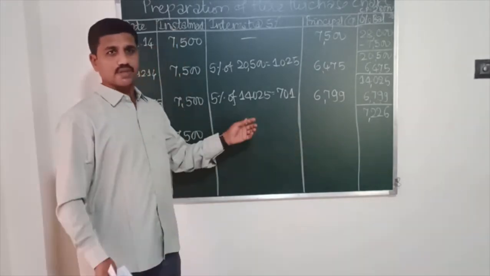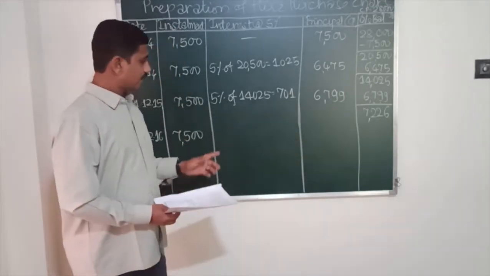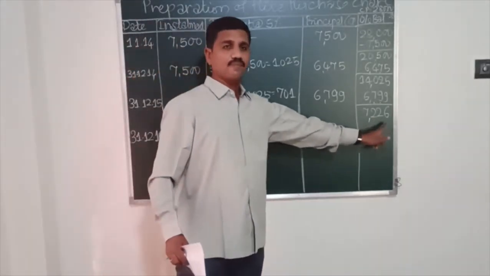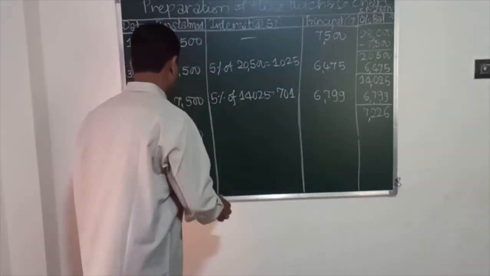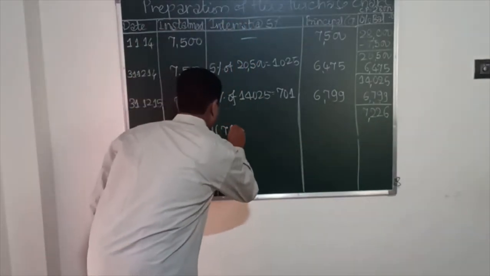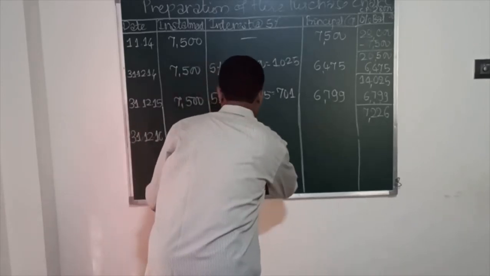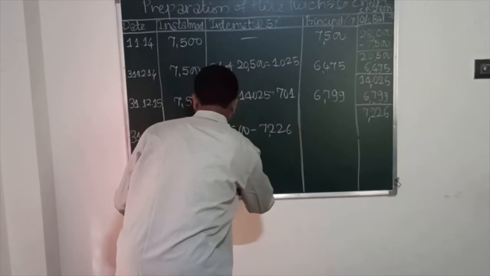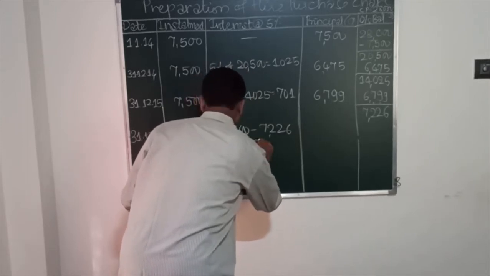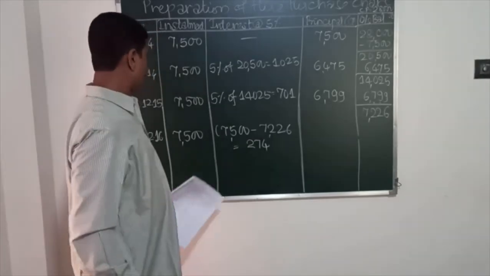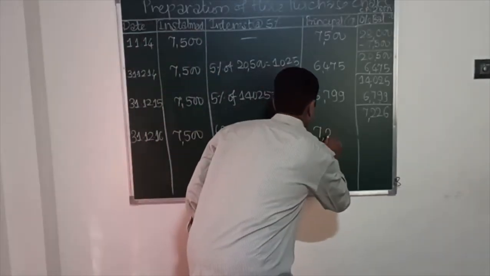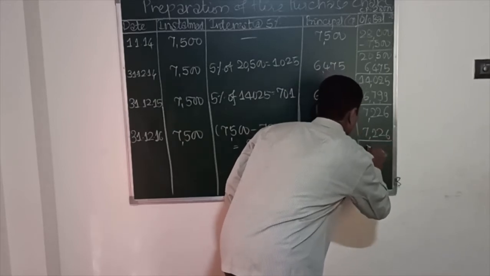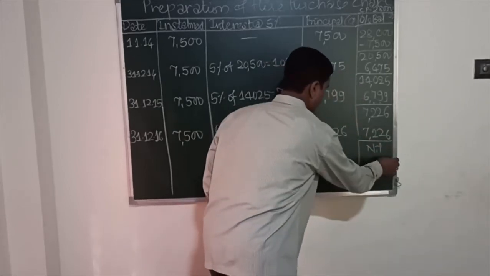So that's why in the last year, the interest will be the difference between the amount of the installment and the outstanding balance here. So 7,500 minus 7,226, that you are going to get rupees 274 as the interest. So when you deduct 7,226, you will not get any balance here.